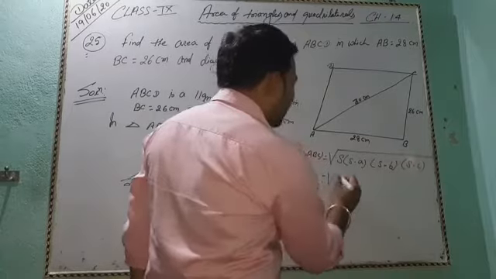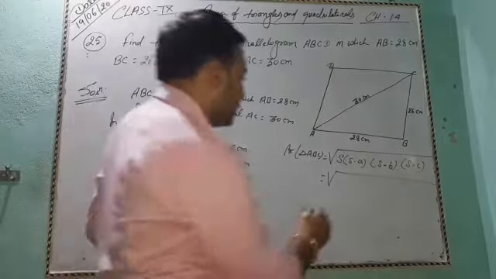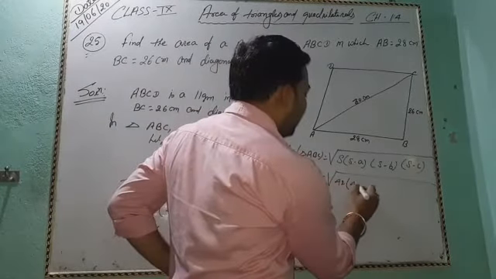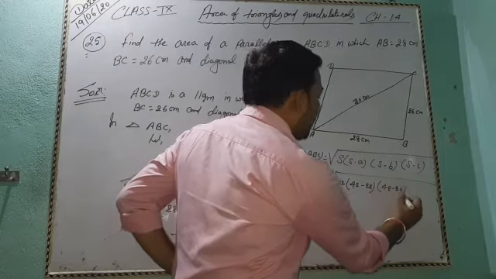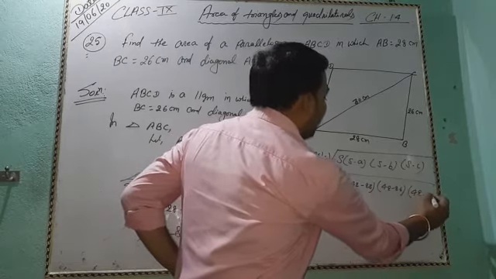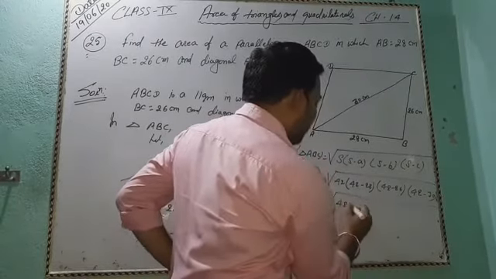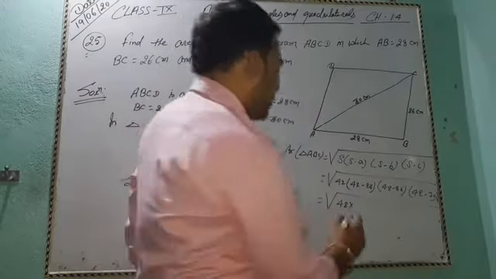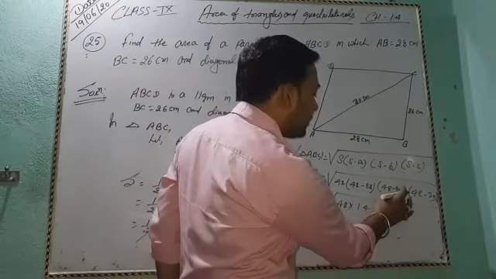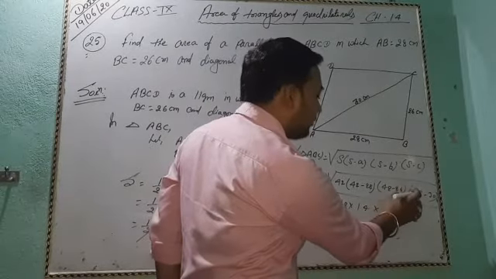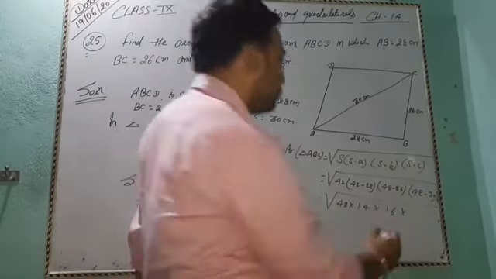Okay, so root under s, s is the semi-perimeter, here it is 42, so 42 into 42 minus 28, 42 minus 26 and 42 minus 30. Okay, so root under 42 multiply 14, 42 minus 28 equal to 14, multiply 42 minus 26 equal to 16, multiply 42 minus 30 equal to 12.